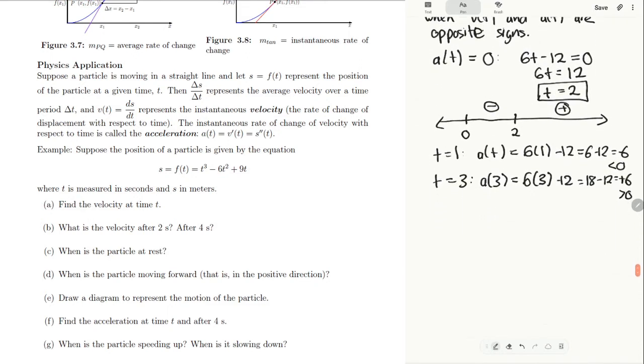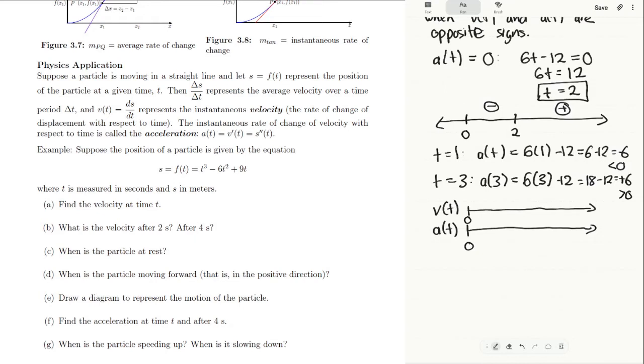Now we'll plot both the velocity and acceleration intervals next to each other so that we can compare when they have the same signs or when they have opposite signs.